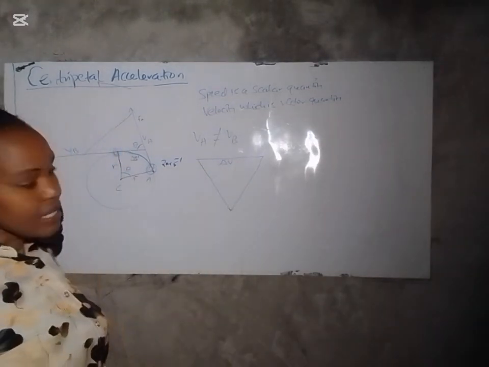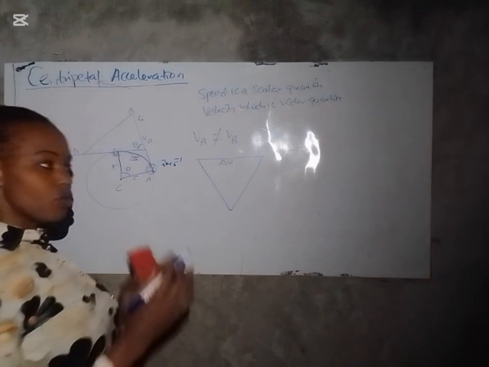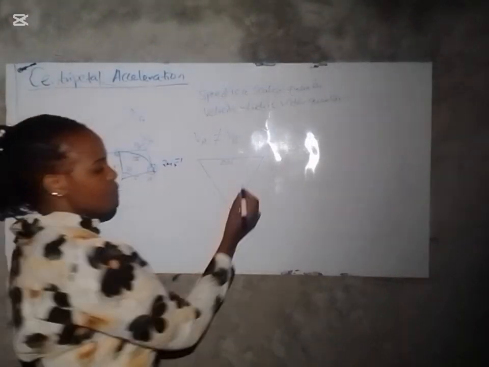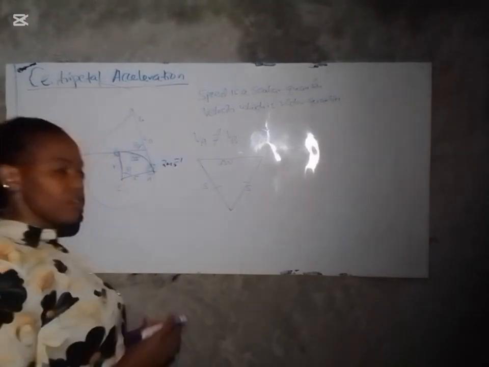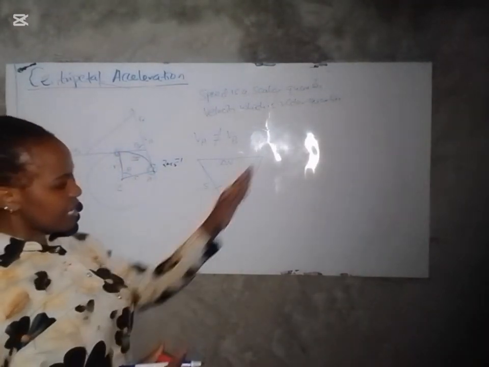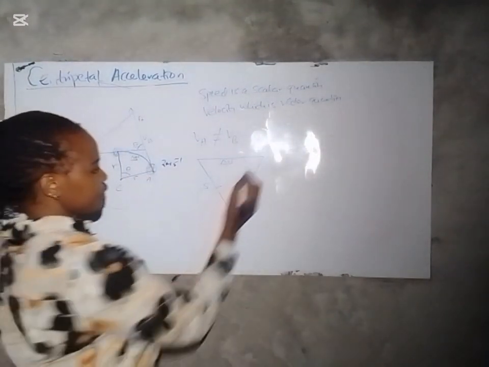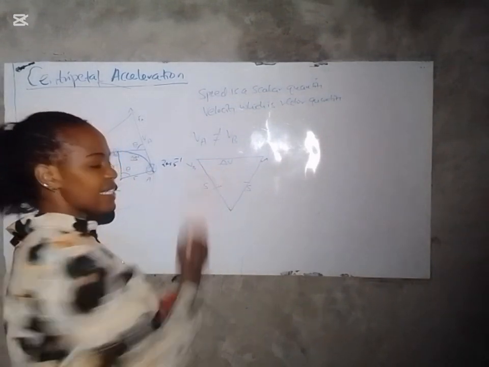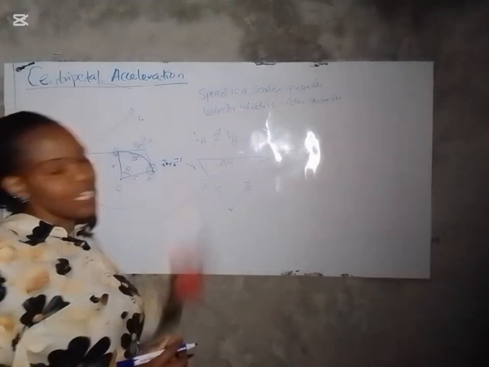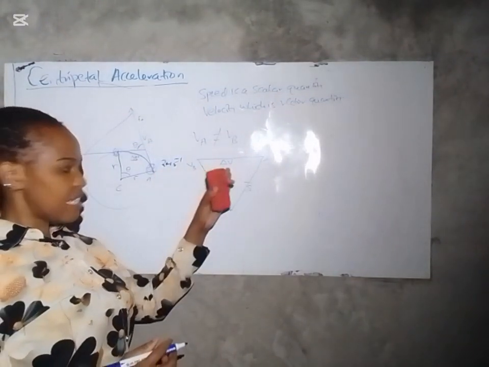Because velocity is changing because of change in direction. But what would be the same? What would be the same is the speed. Velocity has two parts. It has the direction. We are changing from VA to VB. From VA to VB, VB minus VA is delta V.